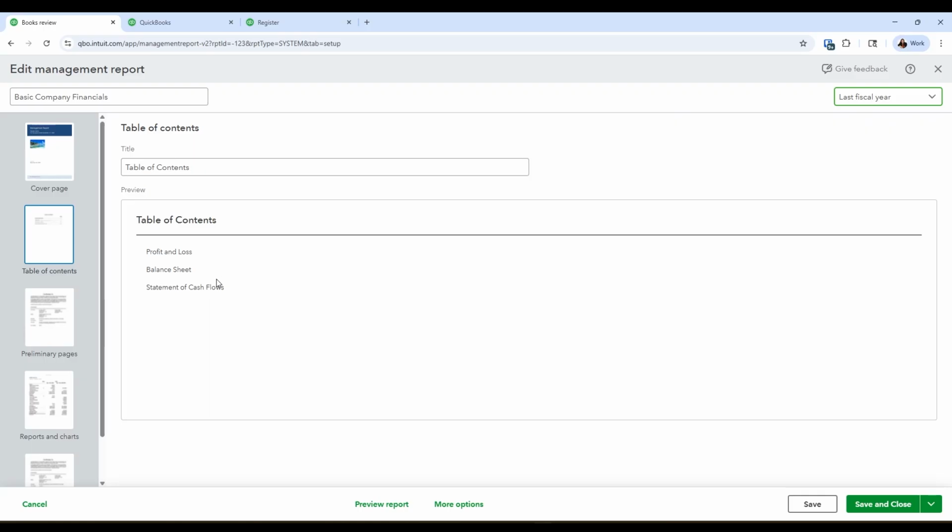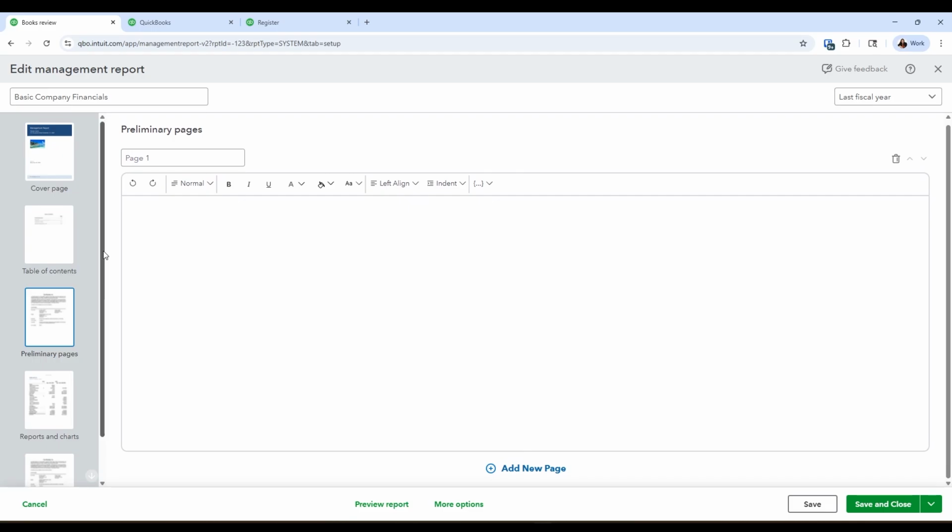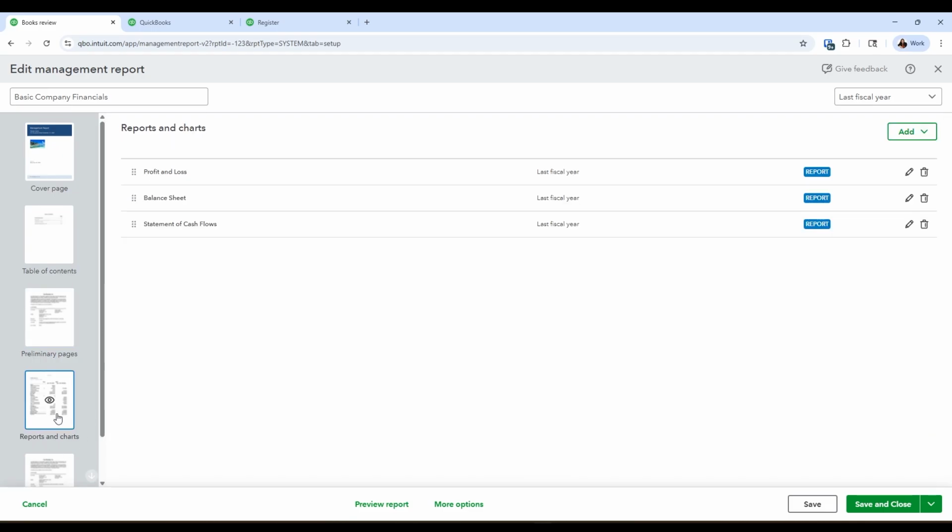And you want to take a look at what reports are included in here, but you cannot change them here. You can change them on the next page. Here are your preliminary pages where you're going to discuss all the reports and all your preparation for the financials. Finally, the report charts is where you adjust all the reports you're sending.